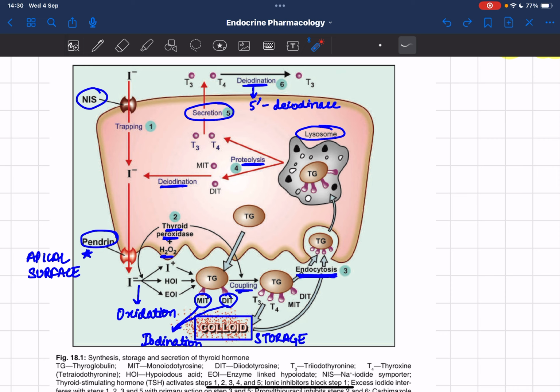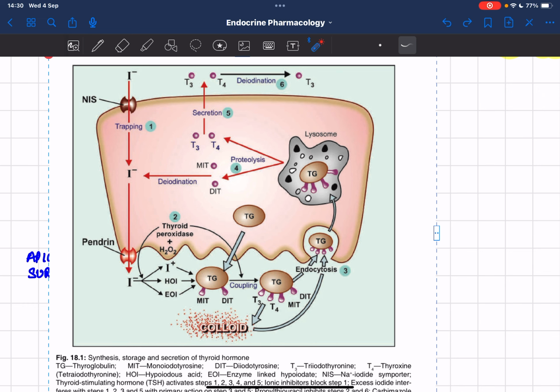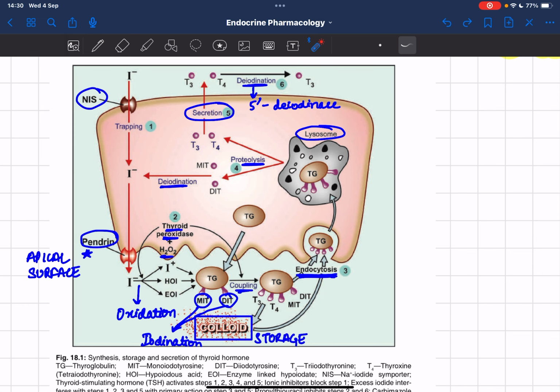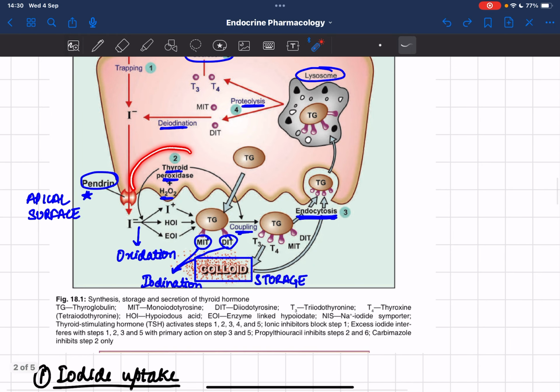Now there is a substance in thyroid follicular cells known as thyroglobulin. Thyroglobulin, known as TG, is a very important substance that you will find here. So TG comes into the colloid. Now, with the help of the thyroid peroxidase enzyme, there occurs oxidation of iodide.